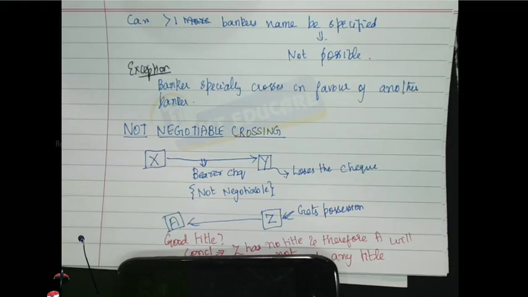You will tell me what those three conditions are. The instrument is acquired for: A, consideration; B, before maturity; C, good faith. Write down.